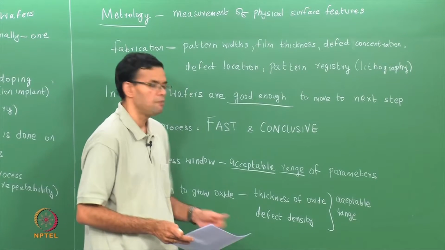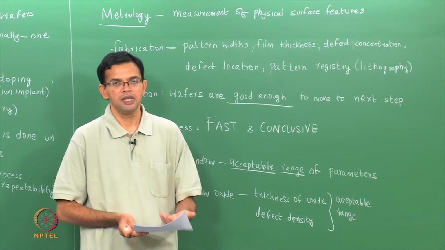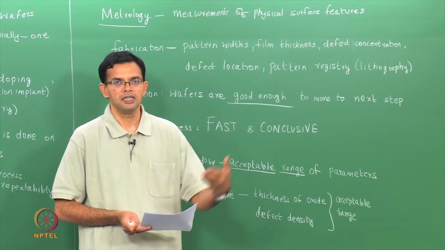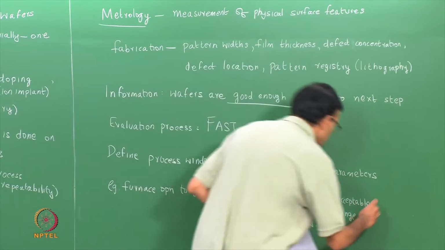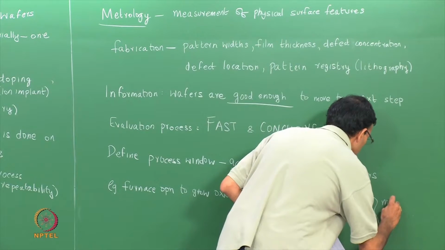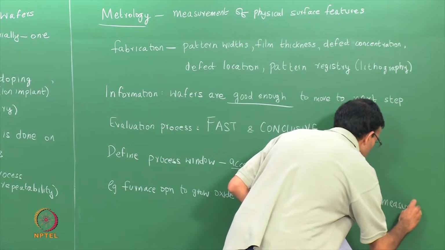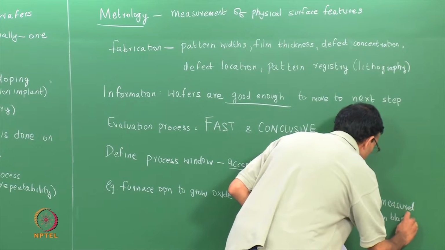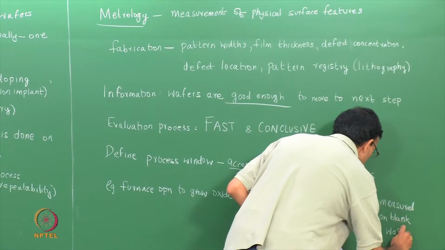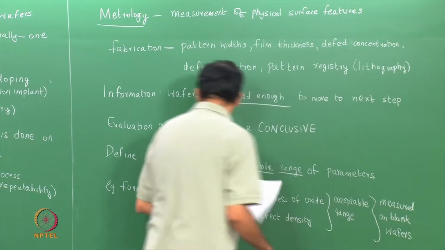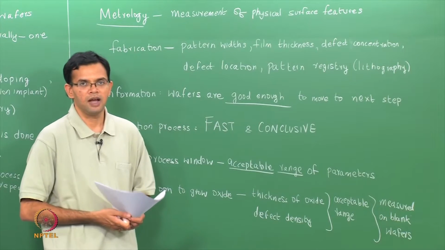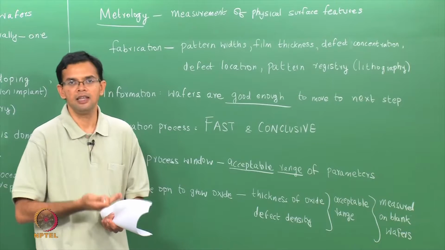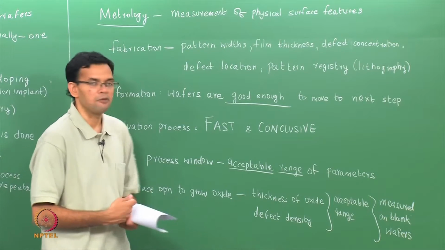So, if the measurement on the blank wafers is good, then it means that the measurement on the product wafers is also good, and then these wafers can move to the next step. So, this is one of the advantages of having a batch process, because the measurements are not carried out directly on the product, but on the blank wafers.